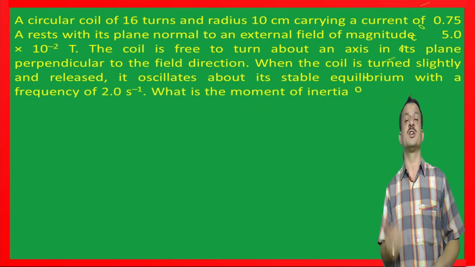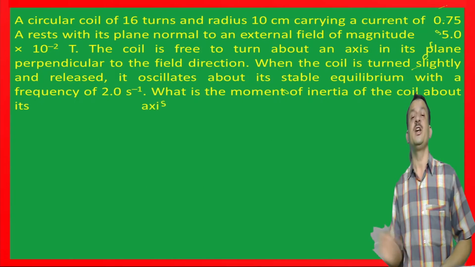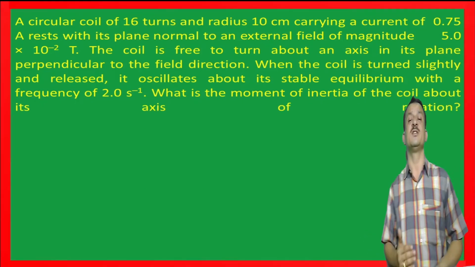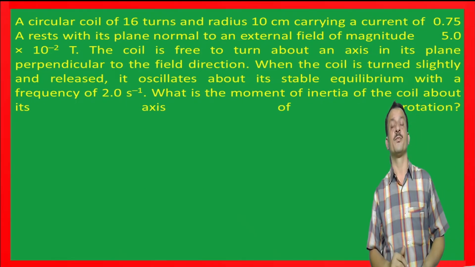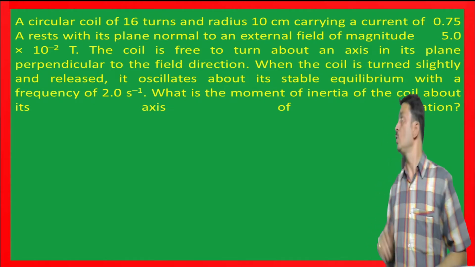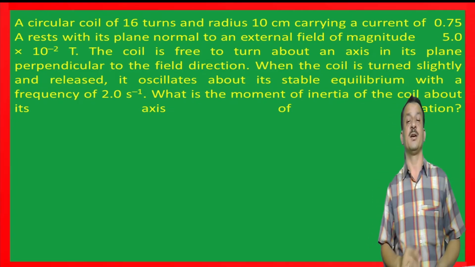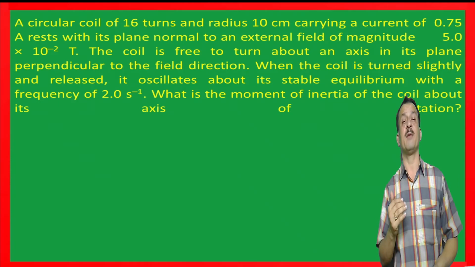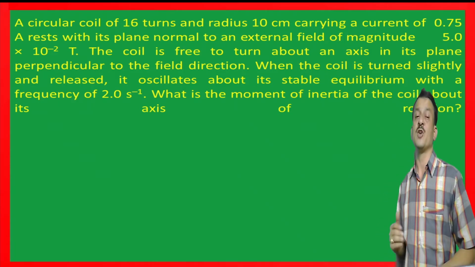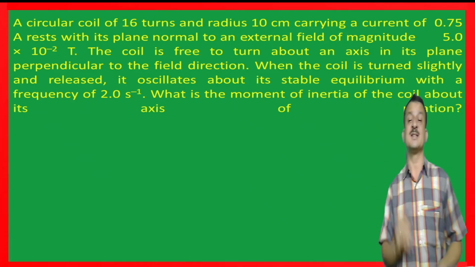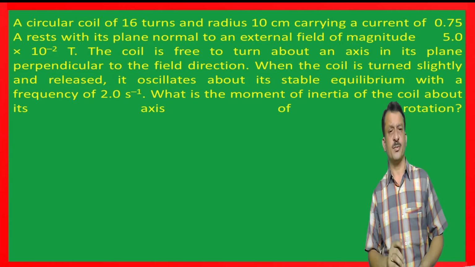When the coil is turned slightly and released, it oscillates about its stable equilibrium with a frequency of 2 per second. What is the moment of inertia of the coil about its axis of rotation? Now this is the problem.